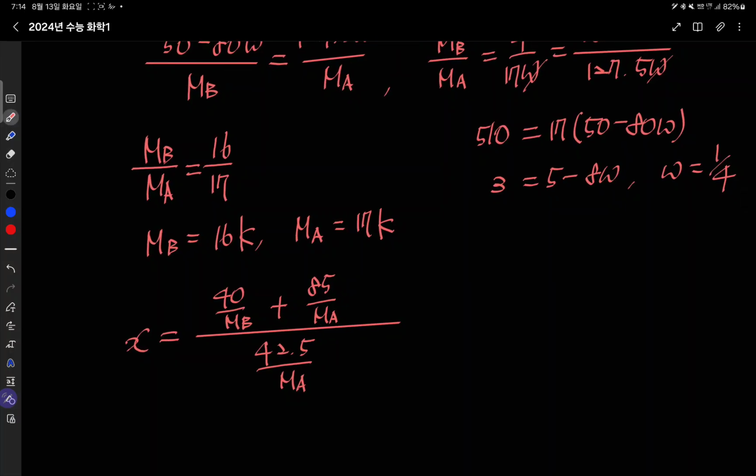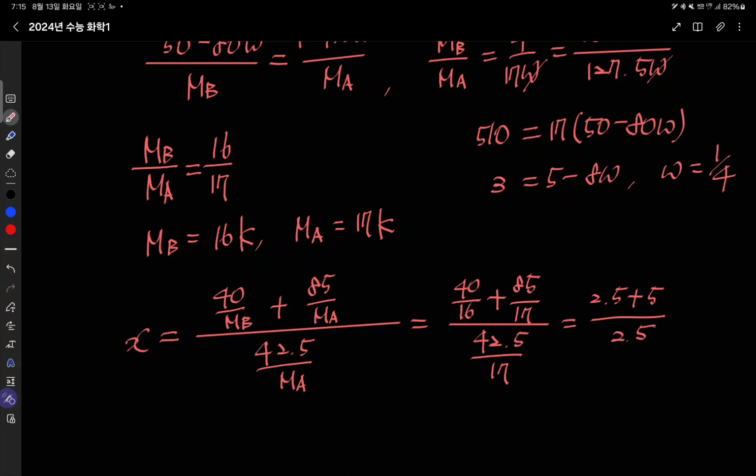And then if we use 16K for MB, and 17K for MA, the value of X is 3.